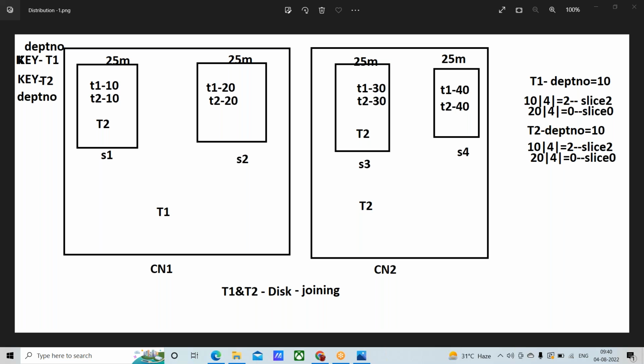Every room has 50 members, one for each department. Boss, how many departments do you have? 50, sir. So in each room, each person represents one department. These 50 departments you're putting in each room.